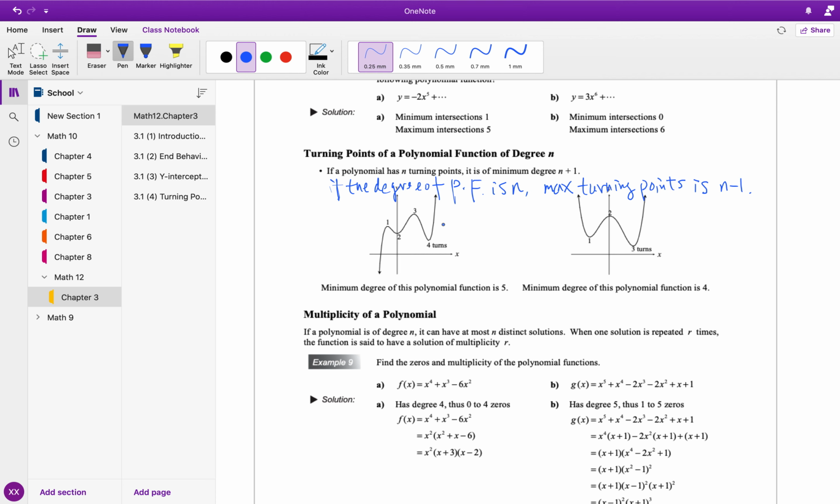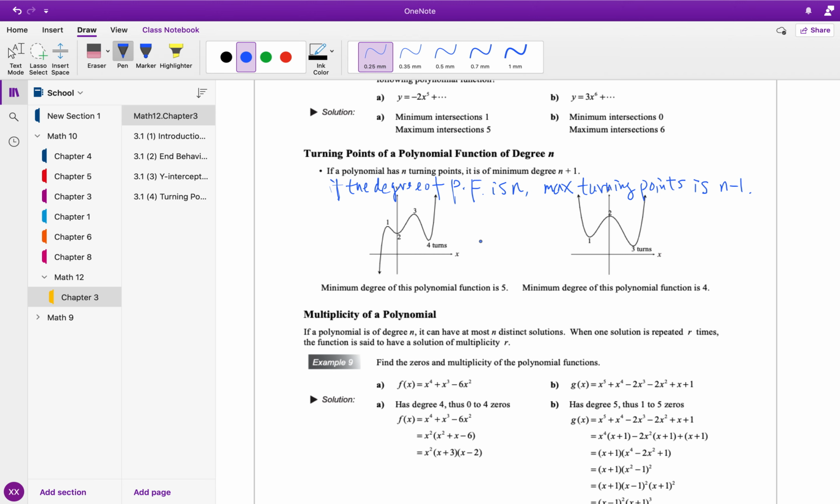Then you count all the turning points, and you realize that the number of turning points can never be the same as n. The maximum is n minus 1. But as I said, another YouTube video that I happened to watch explains it very well and uses a different graph. I will post the link if I can find that video again.